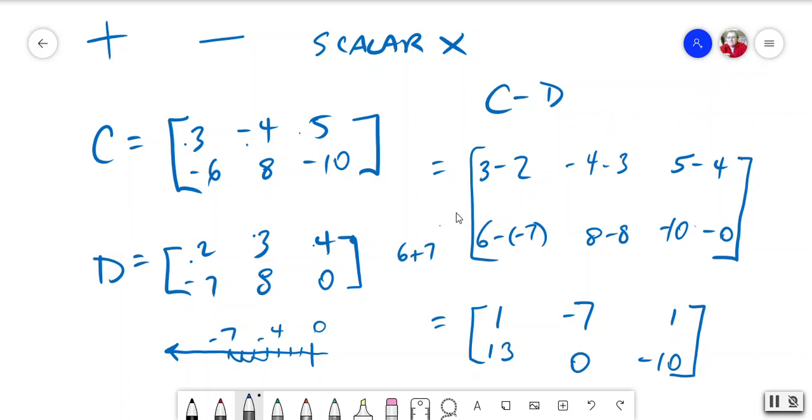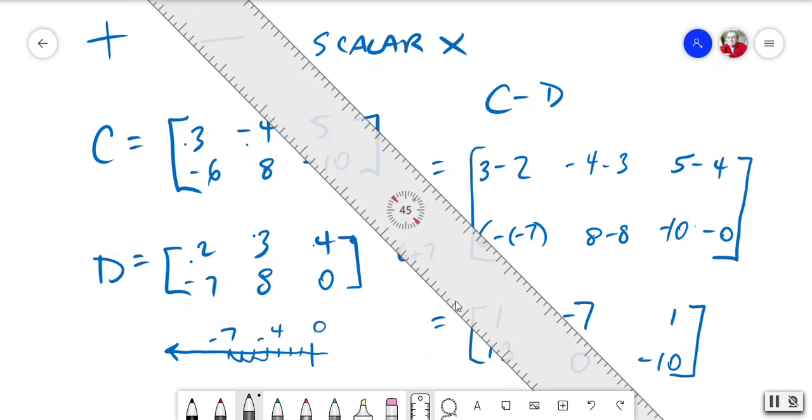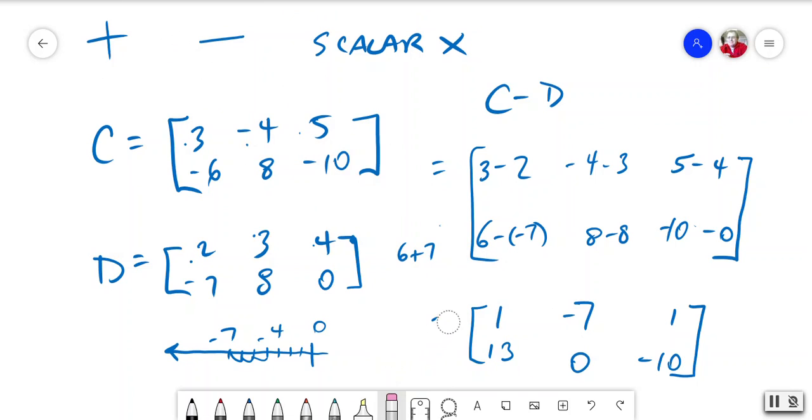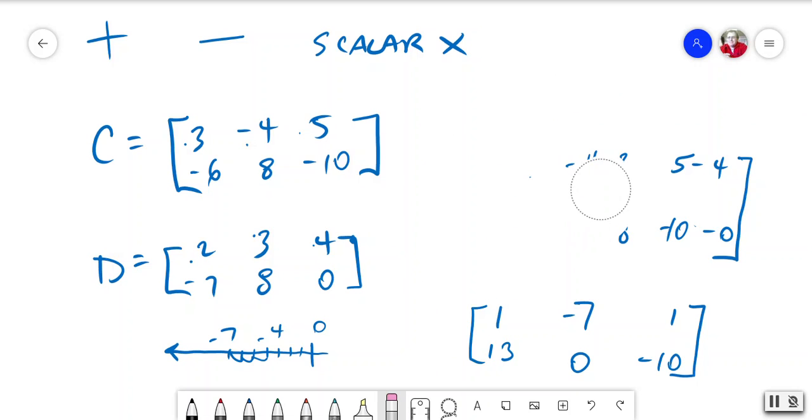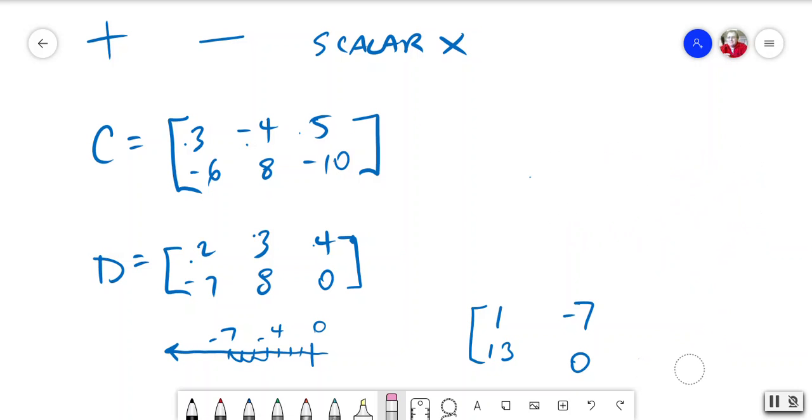Last, scalar multiplication. I still want to keep working with these same guys because that way I don't have to make up a new matrix. Now, for those of you who are in my physical science class, I think I've mentioned this term.